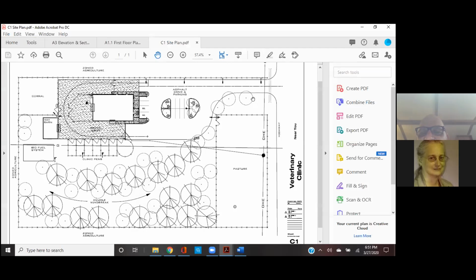The only spot I could find, I thought, is right here. Or see, they have the hay barn. That'd be the only other spot, right here or somewhere in here.